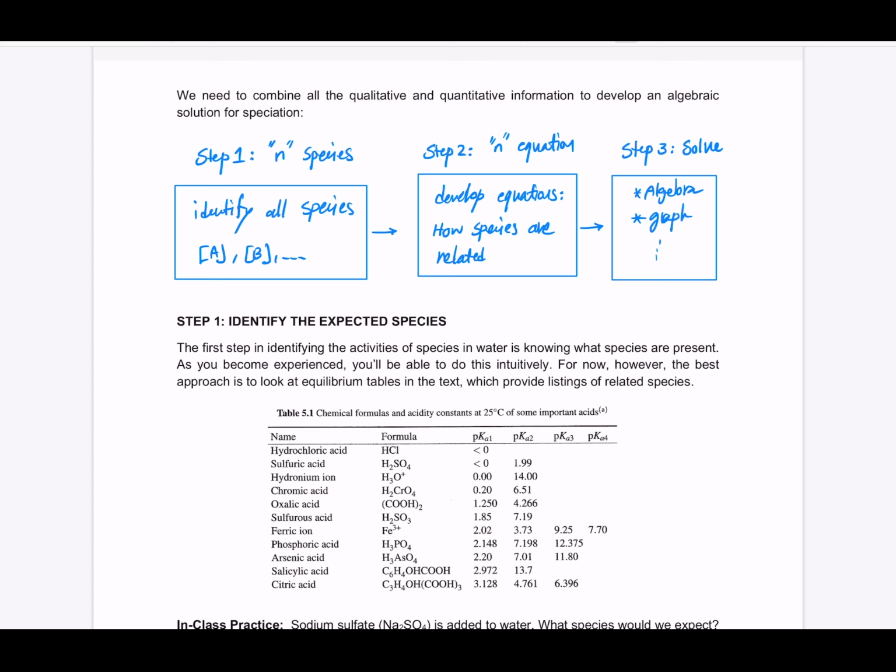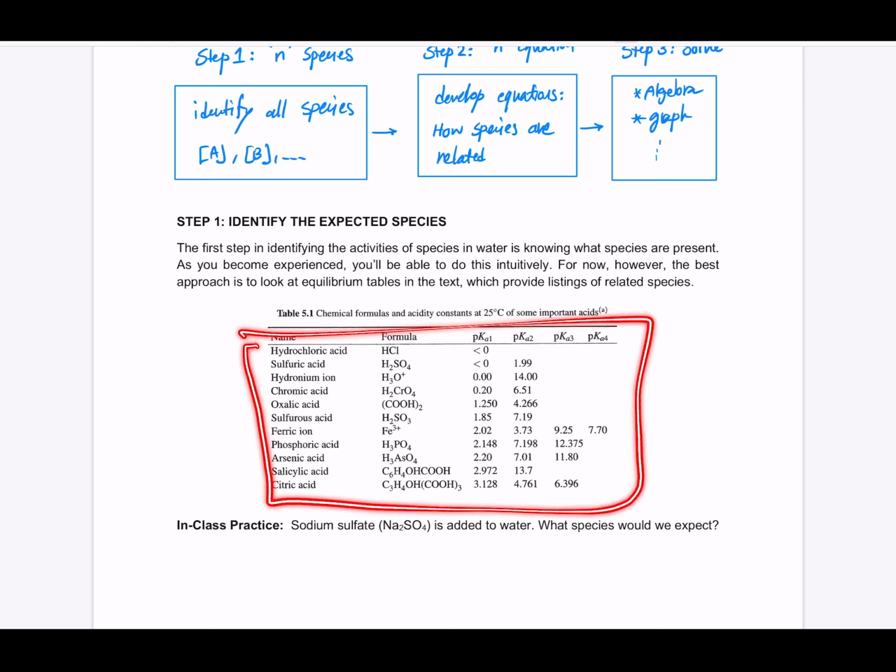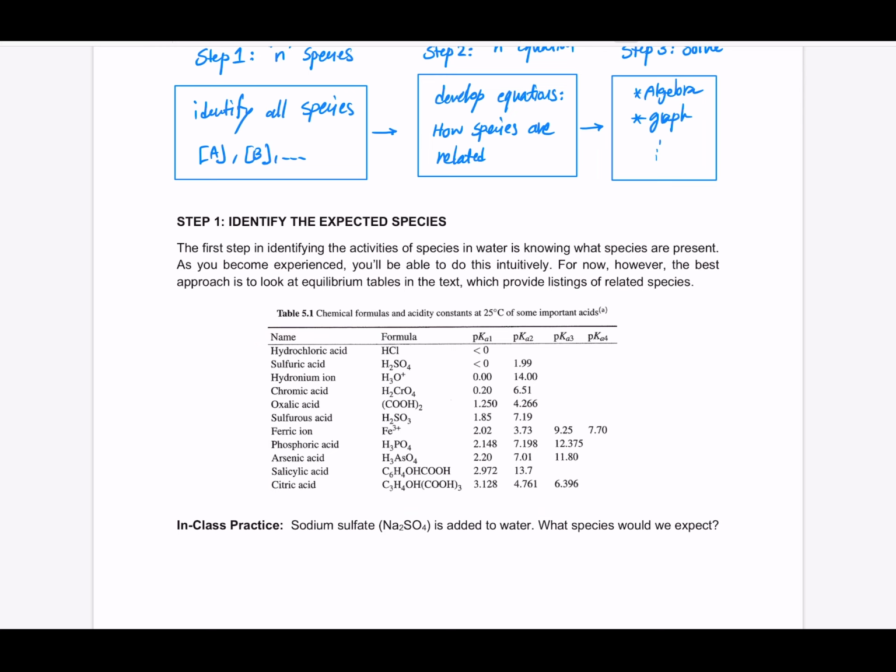Or if you're dealing with acid-base, it's always a great practice to look at the tables. For example, when you add sulfuric acid, you have 2 pKa. That means you have sulfuric acid, also HSO4 minus, and also SO4 2 minus. We're going to practice that more and more, and then you'll be more experienced. So identifying the expected species is all based on the information you're given.